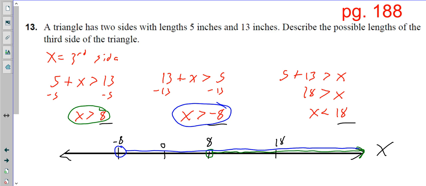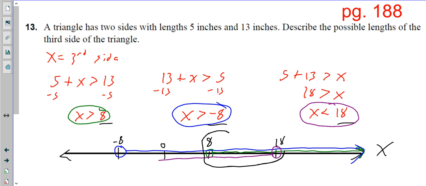So we see some overlap there. And then our last one is x is less than 18. Well, x is less than 18 is over this way. Okay, so what we identify here is here's our solution set where everything is possible for all of our x's. It has to meet all three conditions. Okay, so we can tell by the shading there.